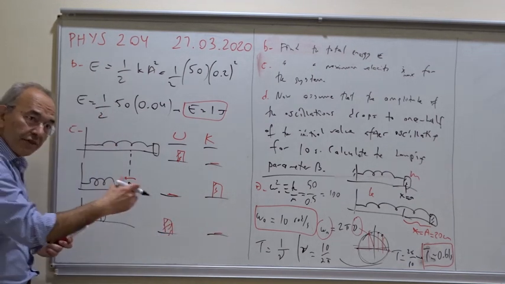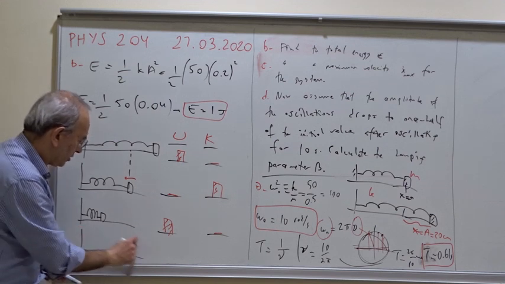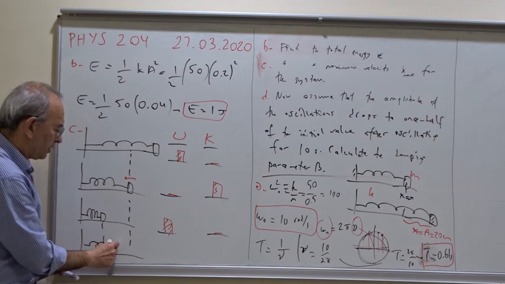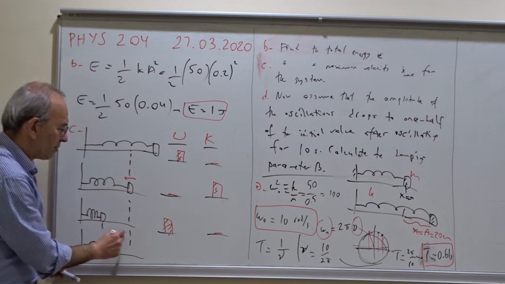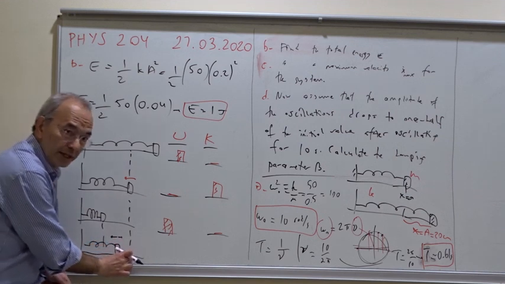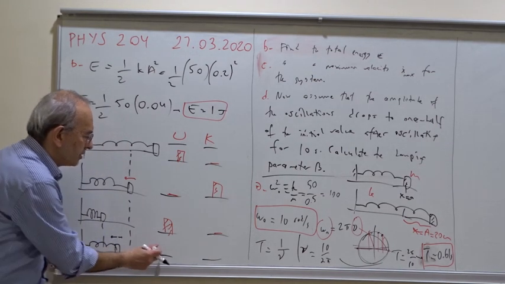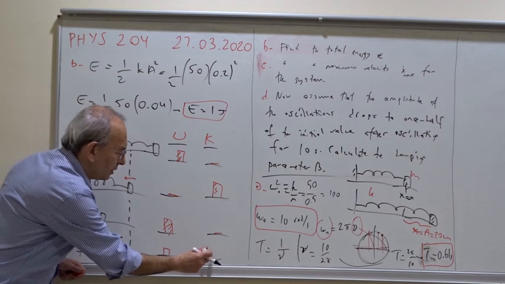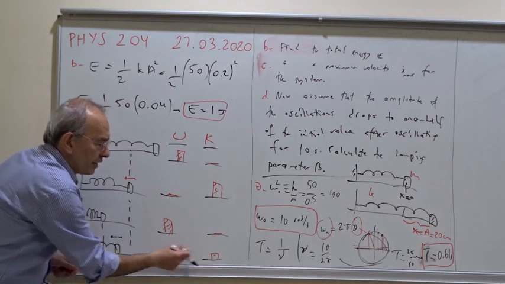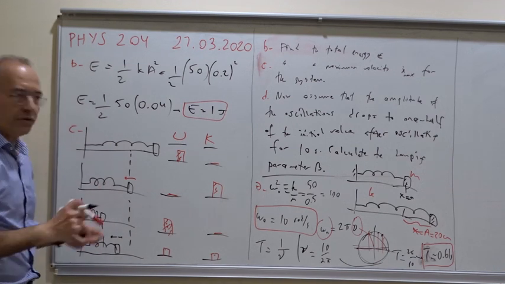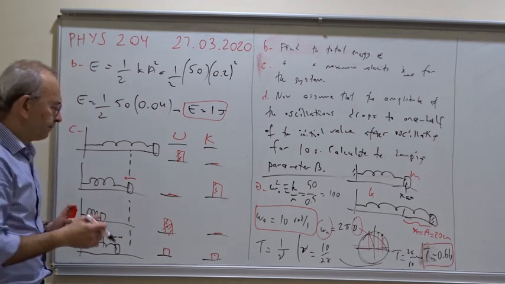When it passes by intermediate positions, it has a certain x value and a certain velocity; some part is potential, some part is kinetic, and the sum of these areas is the same as the single value. So we know this from Physics 101.